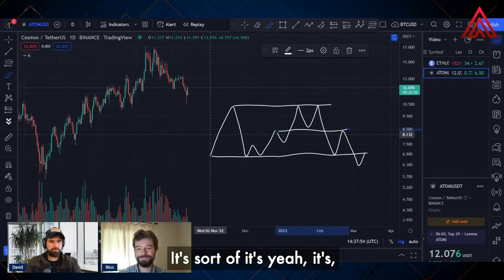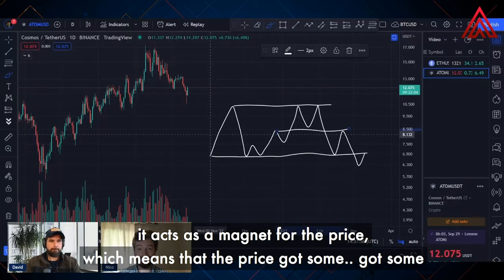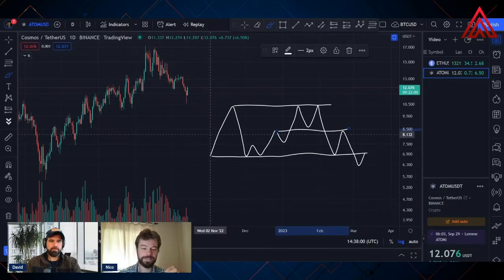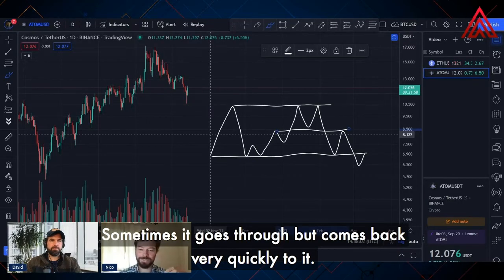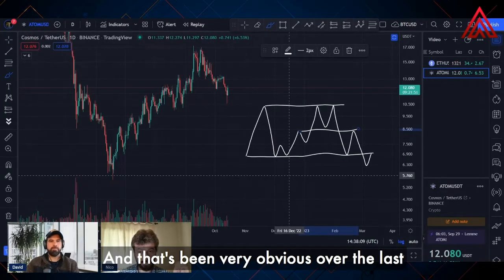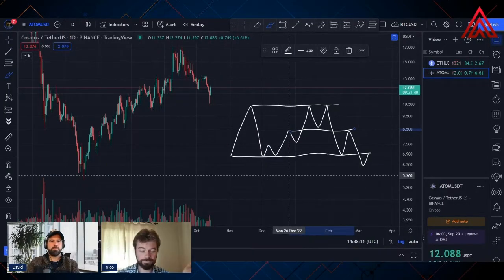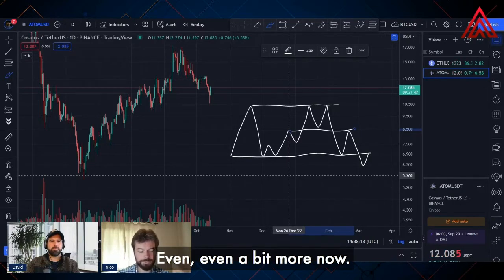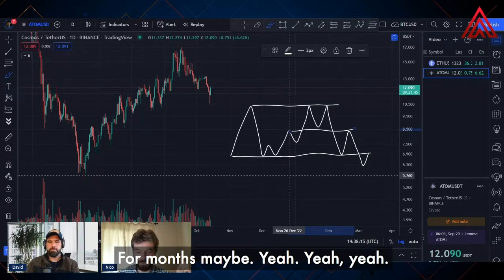It acts as a magnet for the price, which means that the price has some momentum. Sometimes it goes through but comes back very quickly to it. And that's been very obvious over the last 4 or 5 months. 4 months maybe. Yeah.